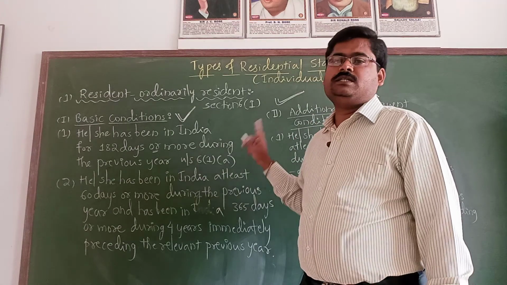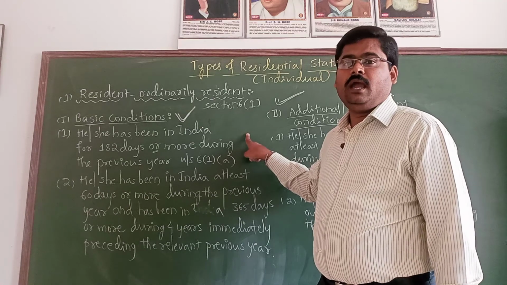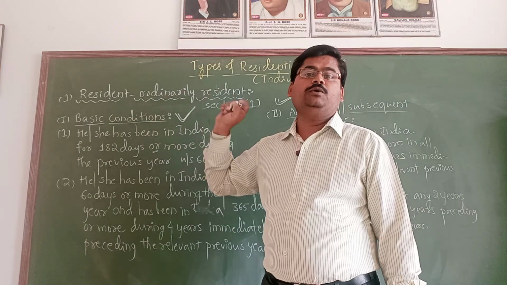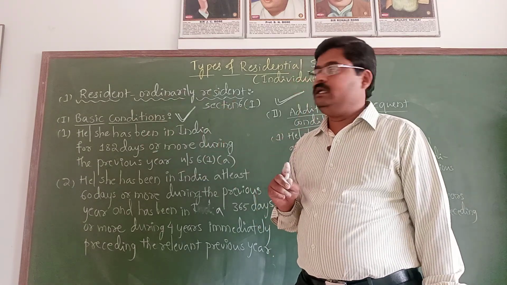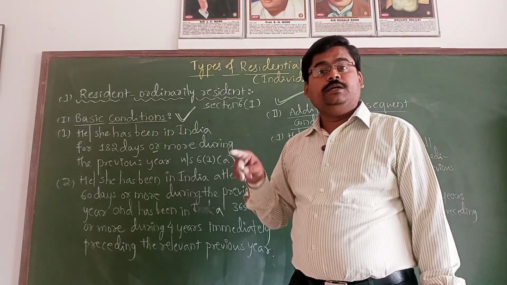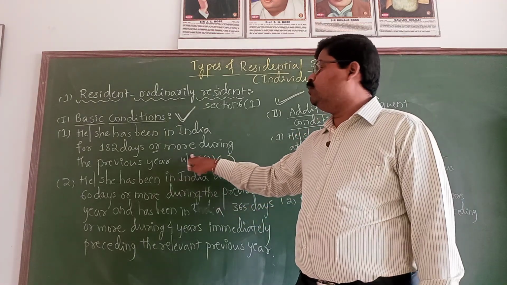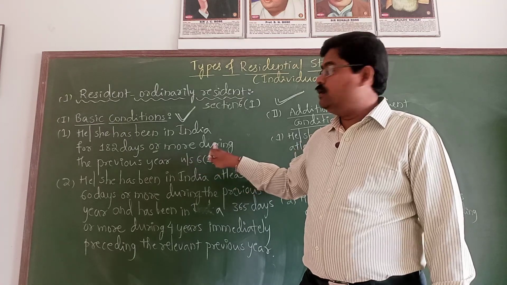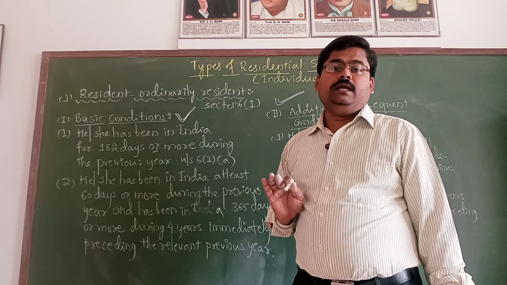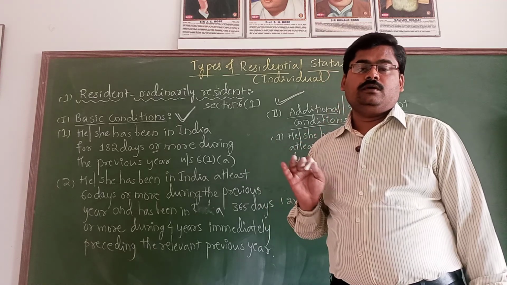So what are the basic conditions that he has to satisfy? Any one of the basic conditions, like he or she has been in India for 182 days. It means that he must be in India at least 182 days, and if it is possible, even more than 182 days, during the previous year, when we calculate the number of days an individual is in India.